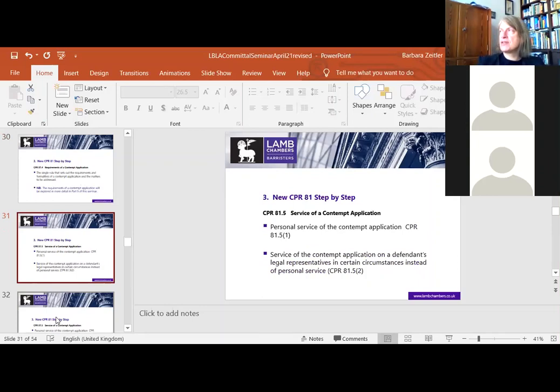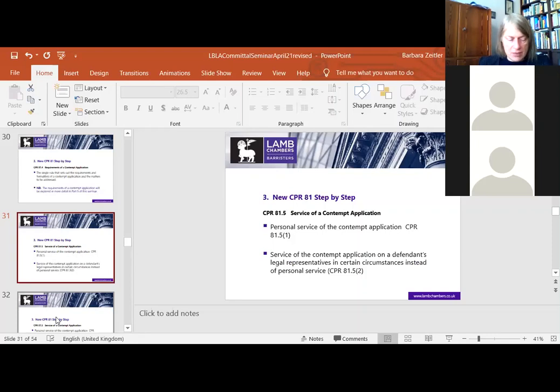81.5 is a rule which, as you're very familiar with from contempt proceedings under the old regime, makes it clear that a contempt application needs to be served personally.